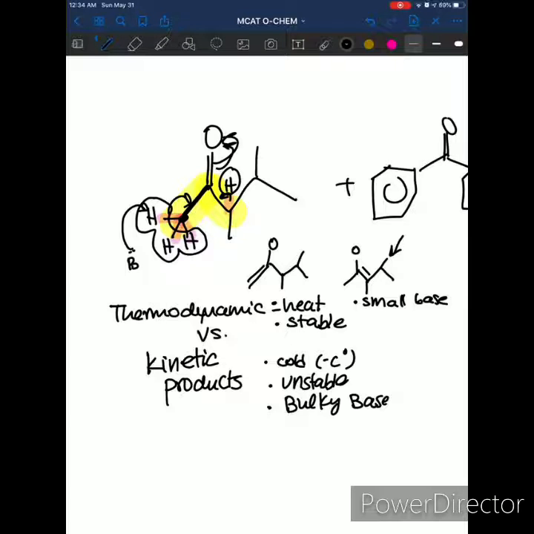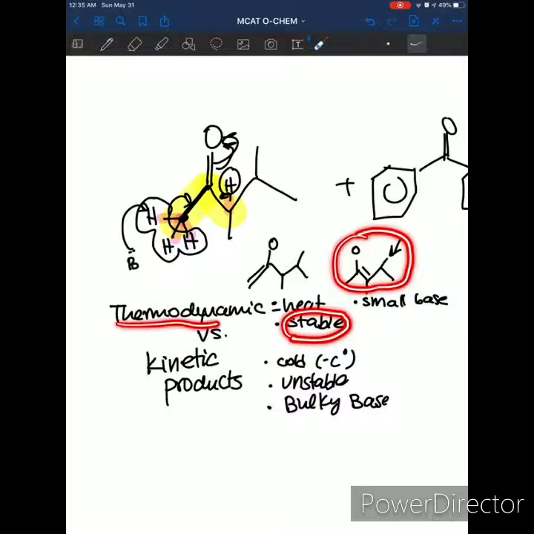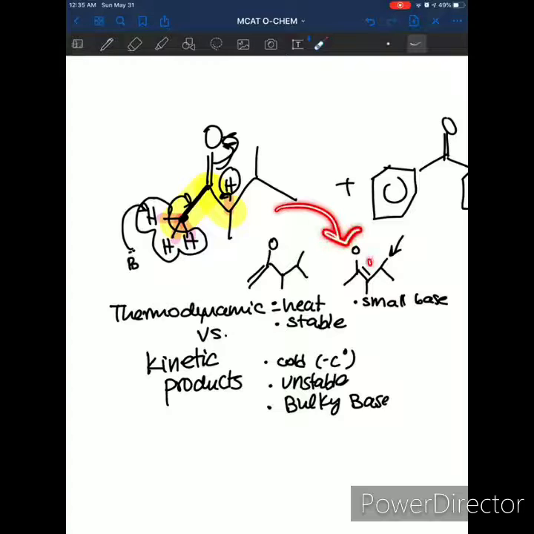We also said that this is the most stable product. So if I know that it's the most stable product, that means this is going to be the thermodynamic product. That means in order to get this, in order to pull off this hydrogen right here, I'm going to need a small base. A small base would be something like an OH minus, right?